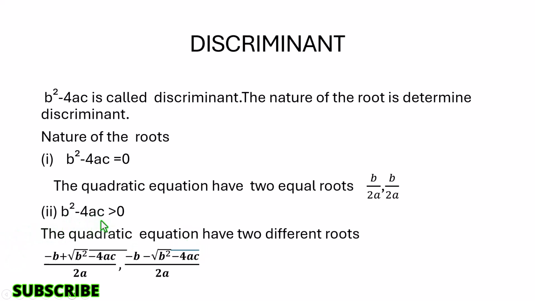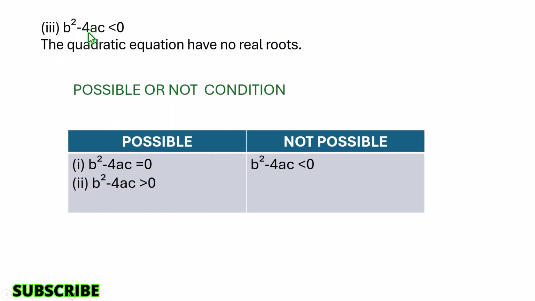If b square minus 4ac is greater than 0, the quadratic equation has two different roots. Here, minus b plus square root of b square minus 4ac by 2a, and minus b minus square root of b square minus 4ac by 2a, are different roots. If b square minus 4ac is less than 0, which means that part is negative, then the quadratic equation has no real roots.